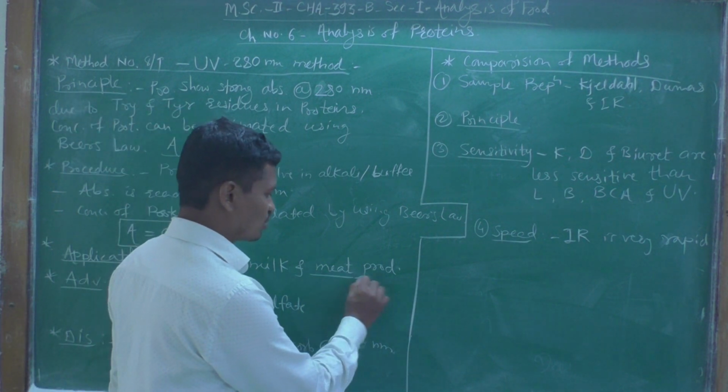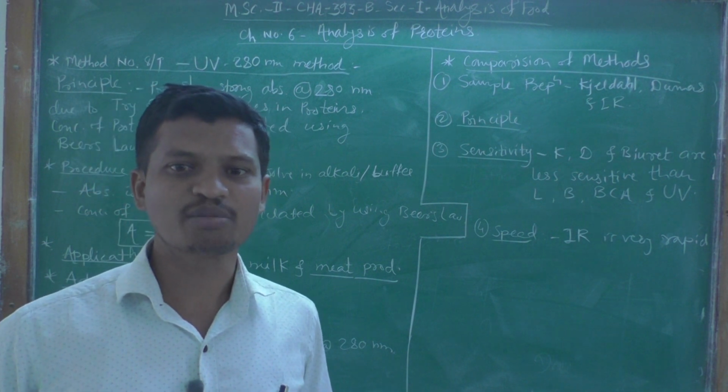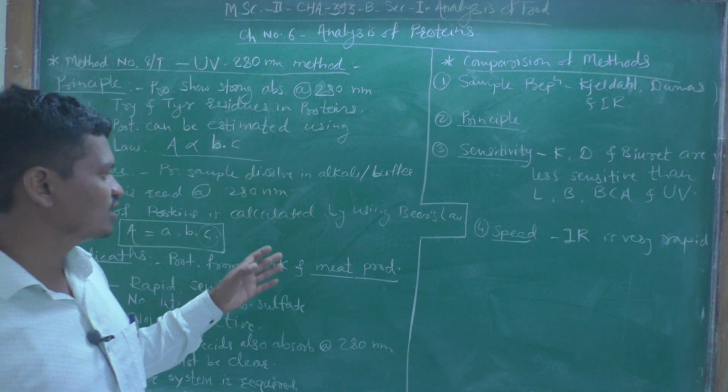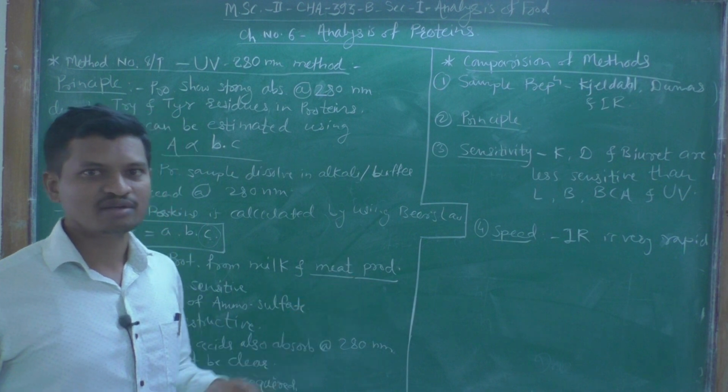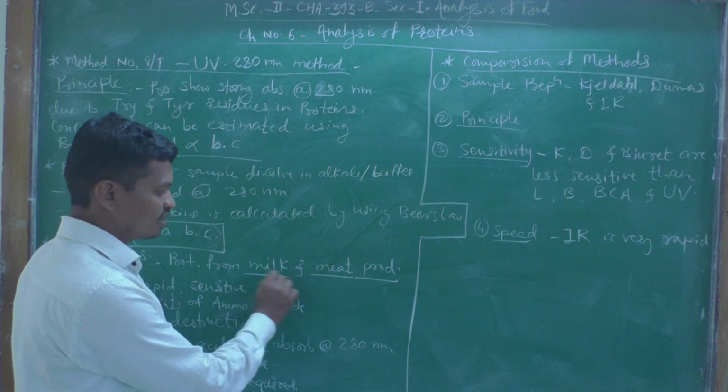So the protein content of meat products can also be determined by using this UV 280 nanometer method. Mainly it is used for milk and meat products.